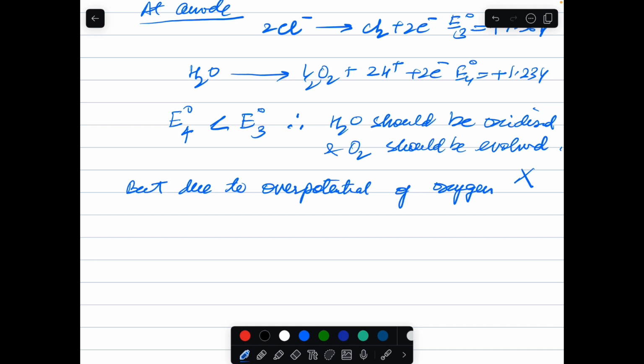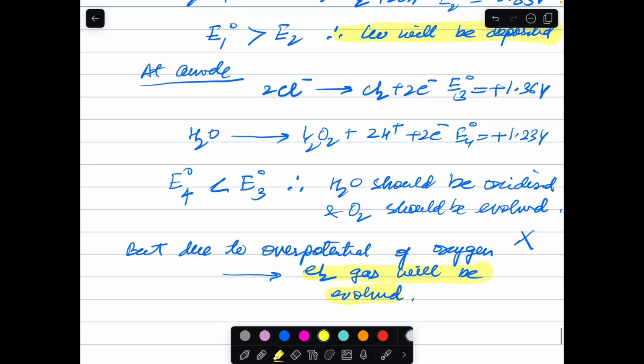Therefore, due to over potential of oxygen, Cl2 gas will be evolved. So this is the answer. Cl2 gas will be evolved and the reaction for this is this one. And the reason is because of the over potential in case of oxygen.